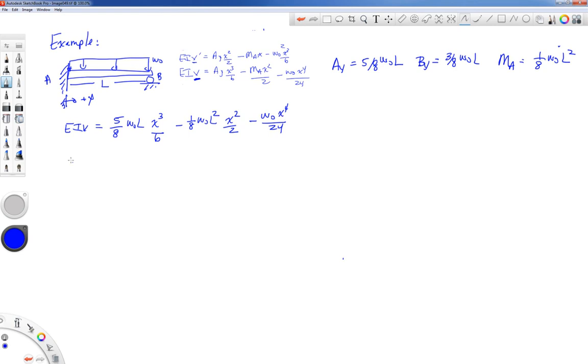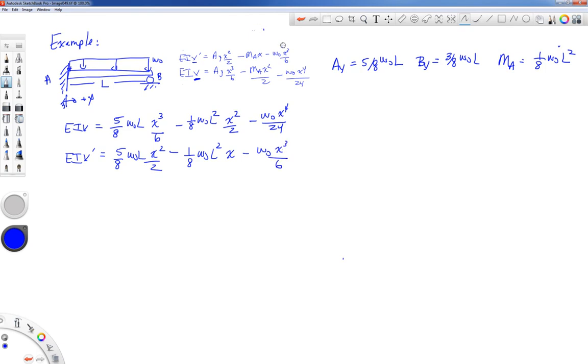If I wanted to, I could find the place on the beam with the maximum deflection. That would involve setting my slope equation equal to 0 and finding out the X position where the maximum deflection occurs.